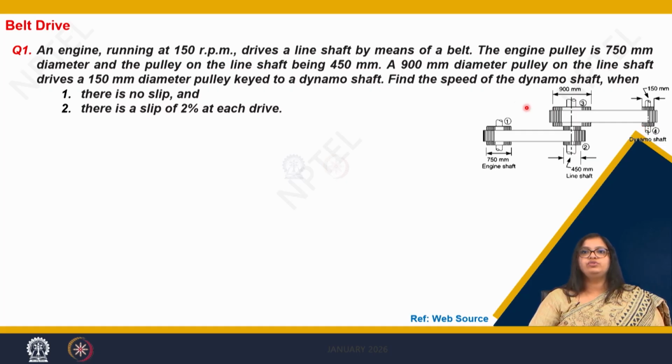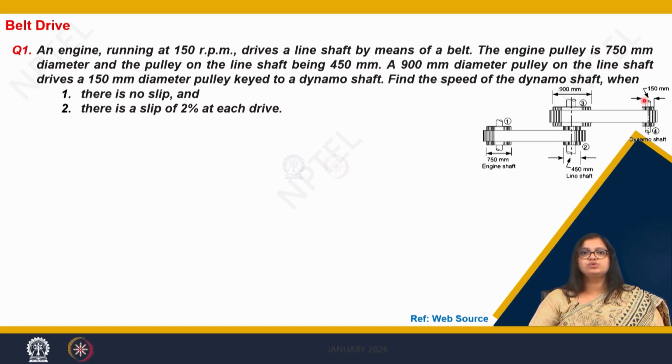So, what do we have to do? We have to find the speed of the dynamo shaft when there is no slip and when there is a slip of 2% at each drive. This is one drive, when the power is getting transmitted from the engine shaft to the line shaft, and then from 900 mm to 150 mm, from the line shaft to the dynamo shaft, is the other drive.